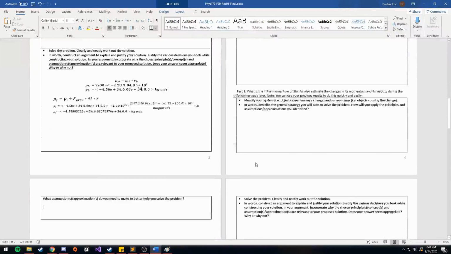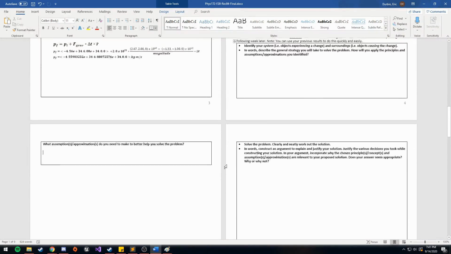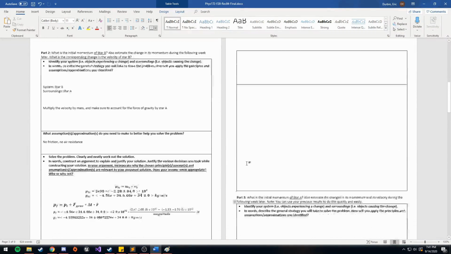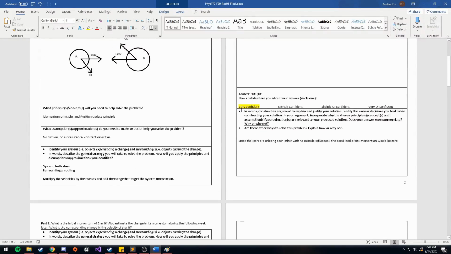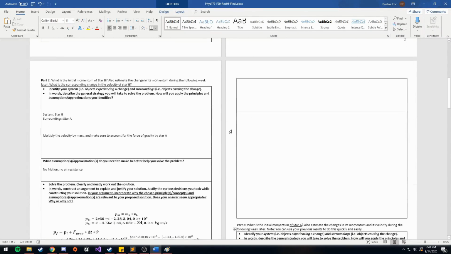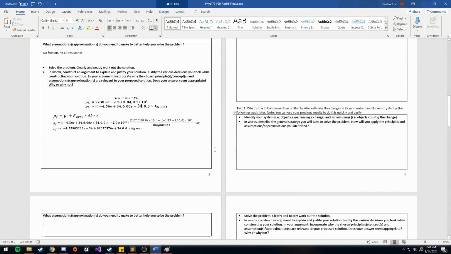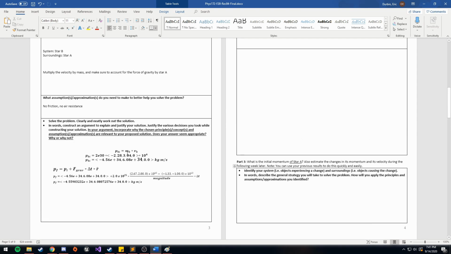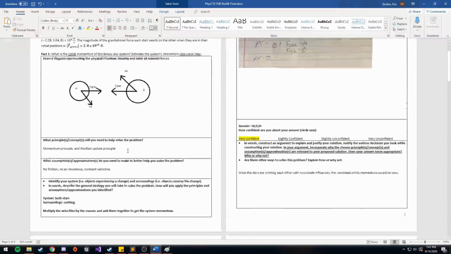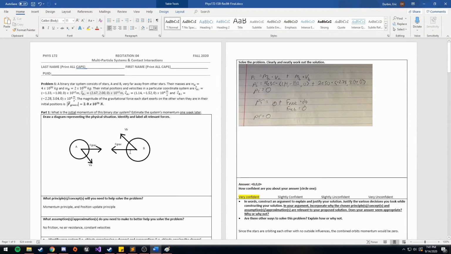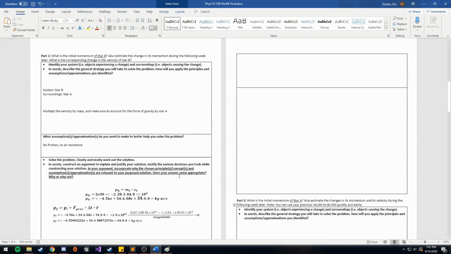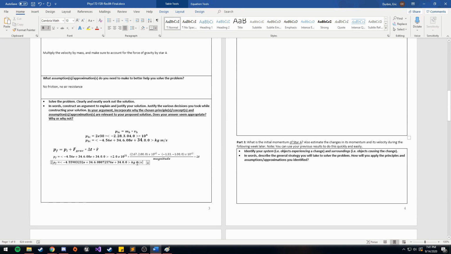What did you guys get for the x component for the final answer? I don't have a spot for an answer. That's weird. I don't think mine does either. Okay, well, I'm just going to highlight the final step.